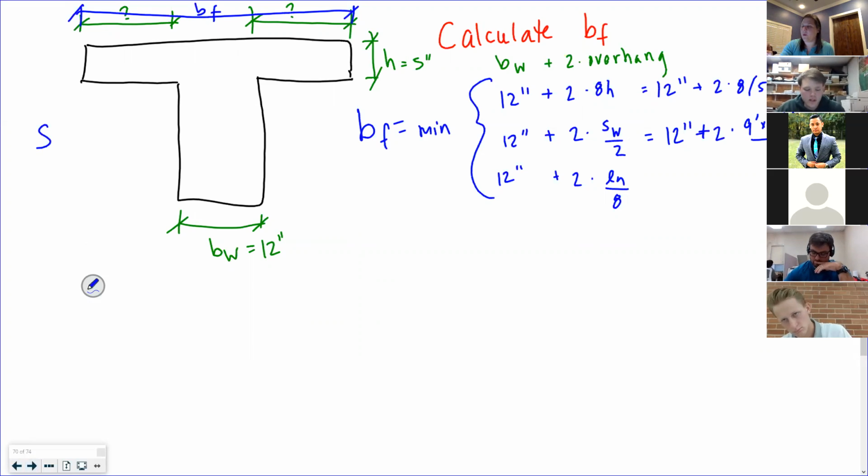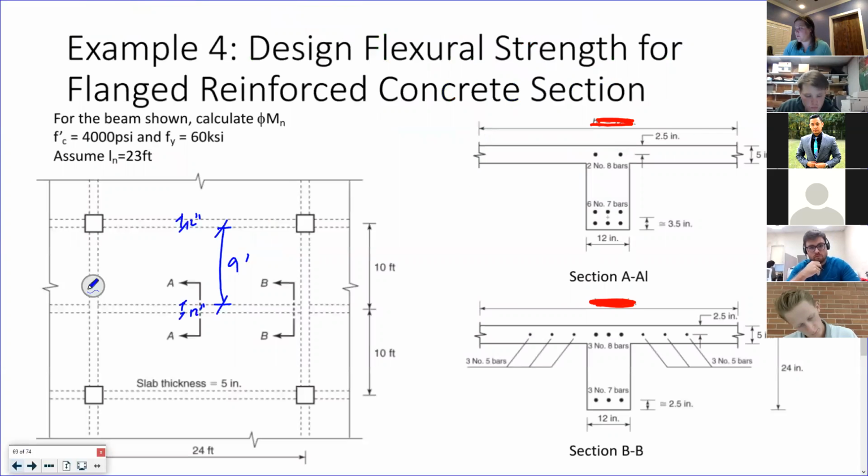Where did you get that each beam was 1 inch wide? 1 foot wide. Where did you get that from? The cross section. Oh, yeah, I meant 12 inches, 1 foot.